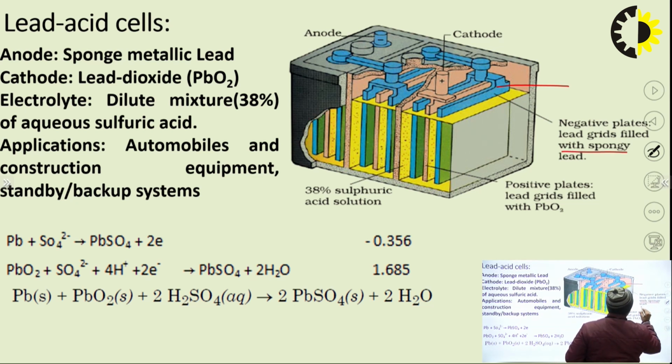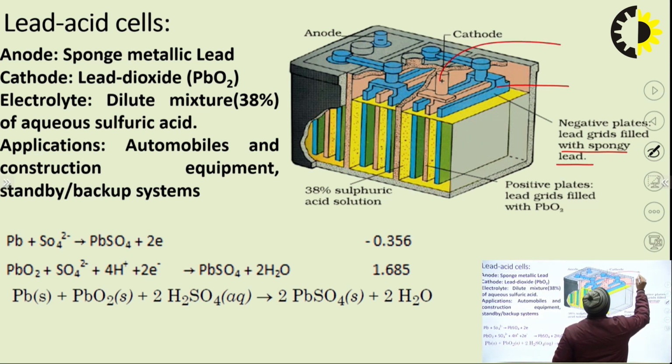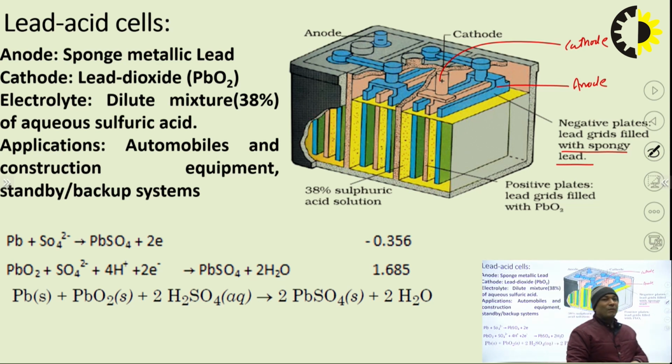The cream part representation is basically the cathode. And this is H2SO4, a 38% sulfuric acid solution, and the volume ratio of acid and water is 3:1. So what is going on with this battery?